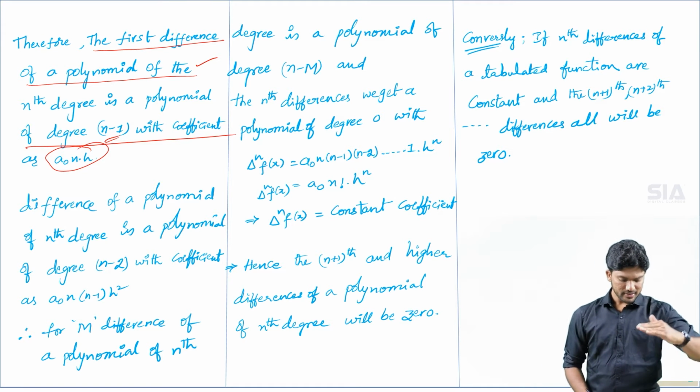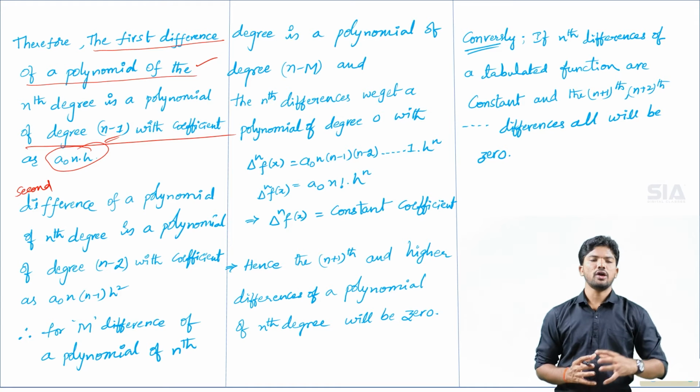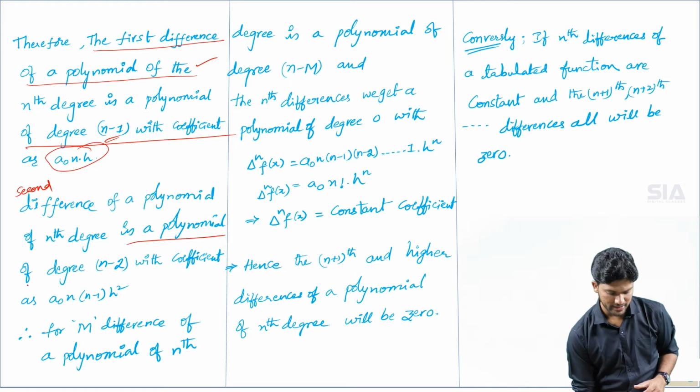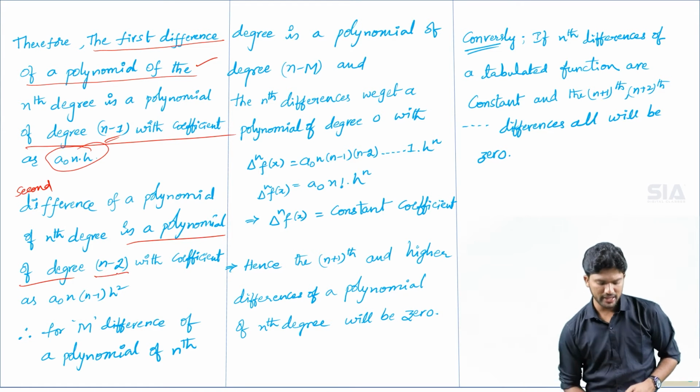Next, the second difference. The second difference of a polynomial of nth degree is a polynomial of degree n−2.